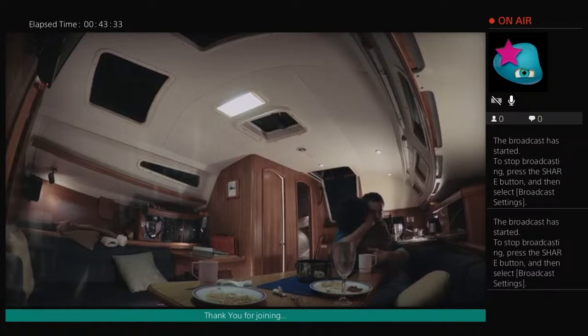Maybe we can name it Emma. It would be one big happy family. This is a really nice boat. Well, I mean, it's a nice boat.